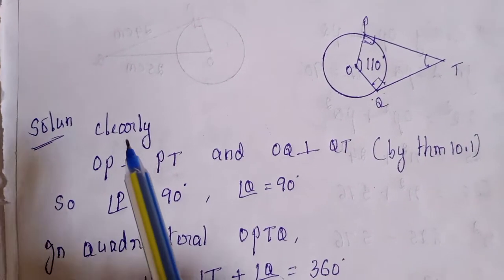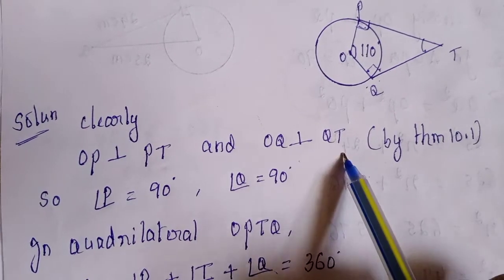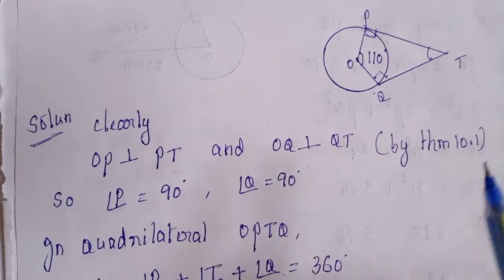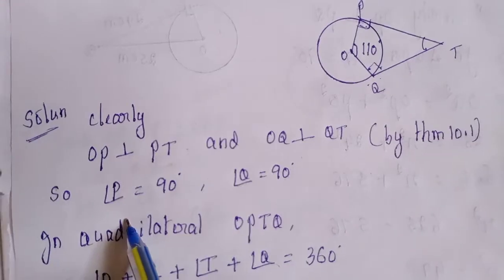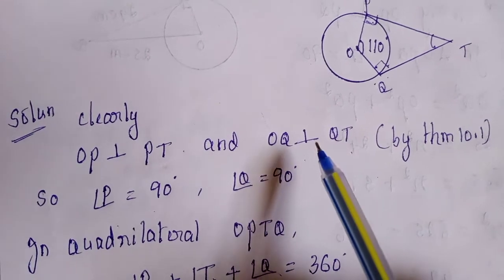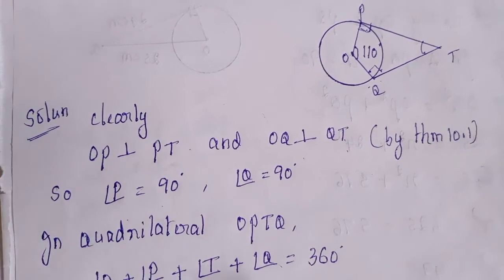So OP is perpendicular to PT and OQ is perpendicular to QT by the theorem. Since OP is perpendicular to PT, I can write angle P equals 90 degrees, and OQ is perpendicular to QT, so angle Q is 90.